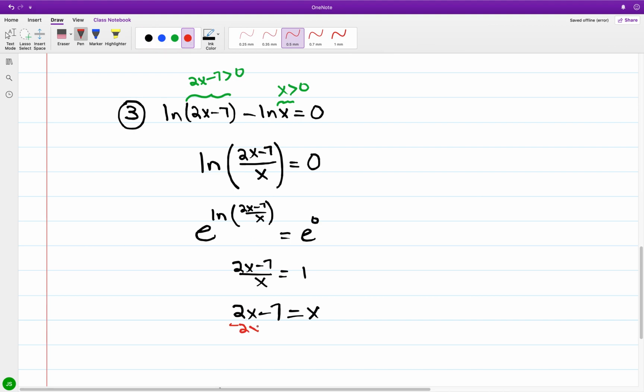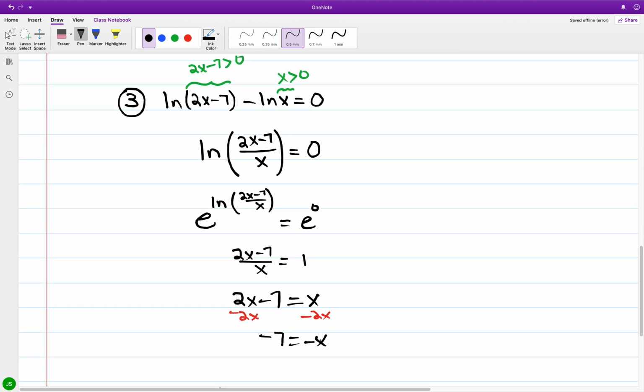If I take 2x away from both sides, now we're going to have that negative 7 is equal to negative x, and if I change the signs at both ends, we have for the apparent solution x equal to 7. Now upon checking, 7 is greater than 0, that is true. And we have 2 times 7 is 14, minus 7 is 7, which is greater than 0, also true. So we do have one solution in the case of number 3, and that is 7.